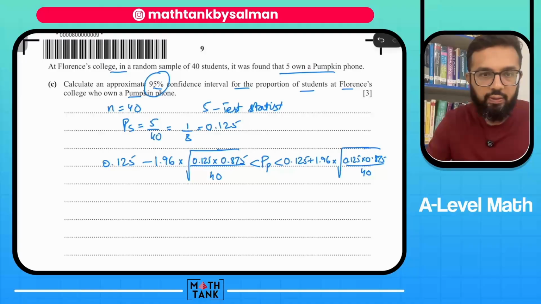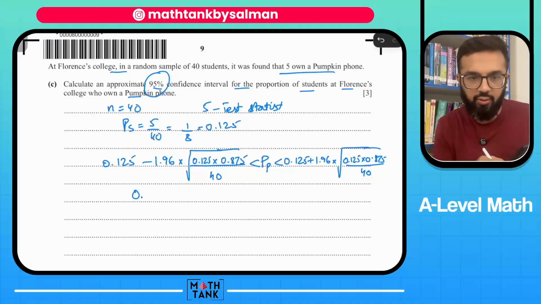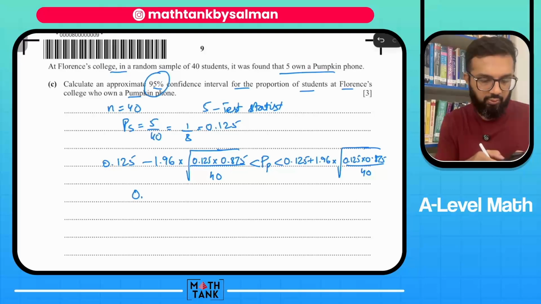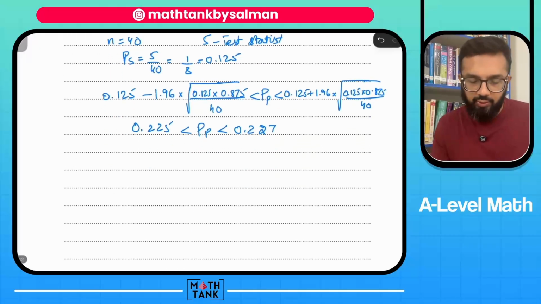It's giving us 0.0225 and 0.227. Okay, I think those are the correct answers.